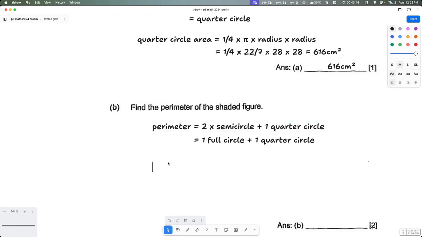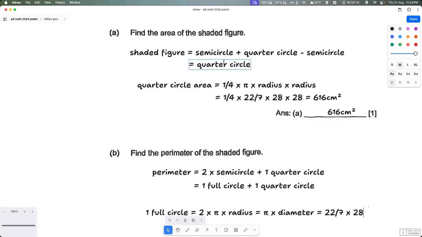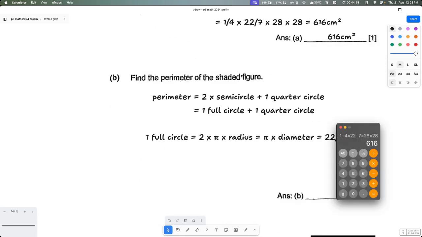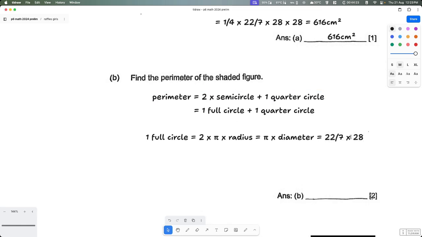So one full circle, perimeter in this case is equal to 2 times pi times radius, or equal to pi times diameter, which is equal to 22 over 7 times 28. Okay, because the diameter is 28. So let's use the calculator. 22 over 7 times 28 is equal to 88.